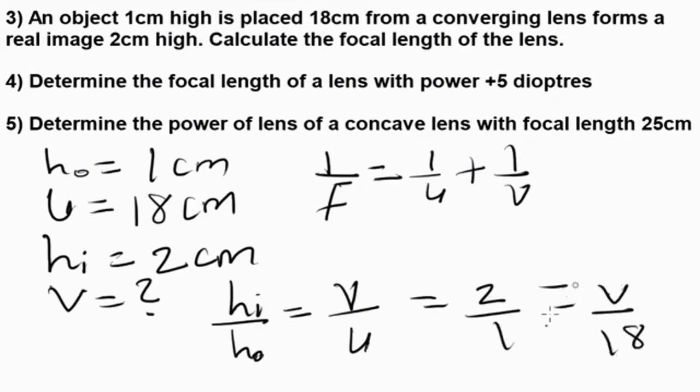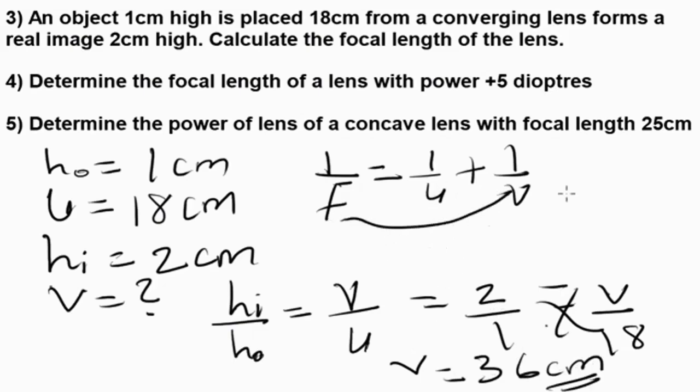So you cross multiply, you're going to have 18 times 2. Therefore, our v will be 36 cm. Now that we have 36 cm, let's substitute everything in this expression, both u and v.